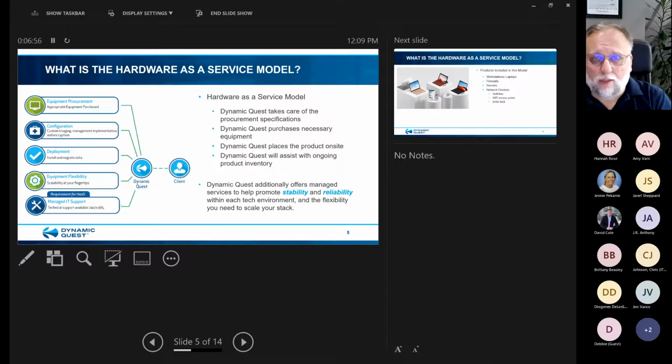Some of the components I just mentioned regarding configuration, custom imaging, and migration of data, unless you're on a fully managed IT support model, may incur additional hourly fees and things of that nature.